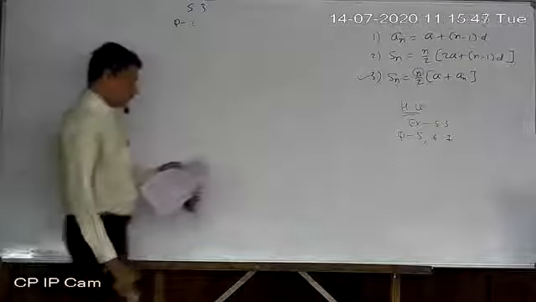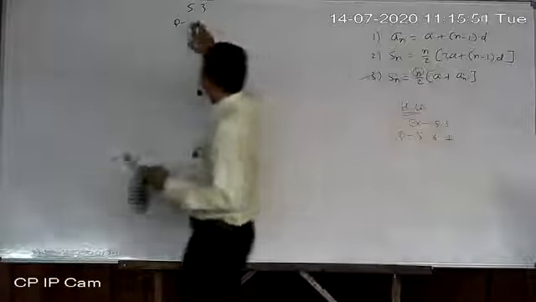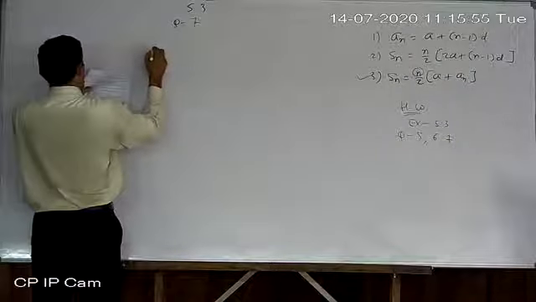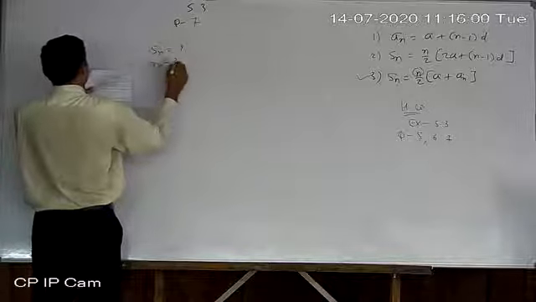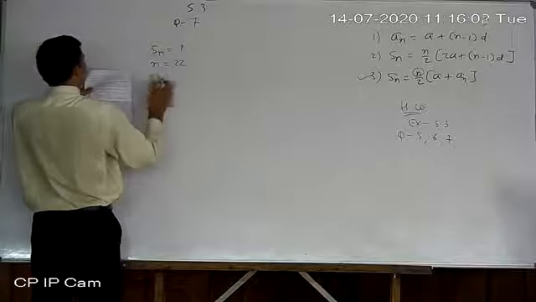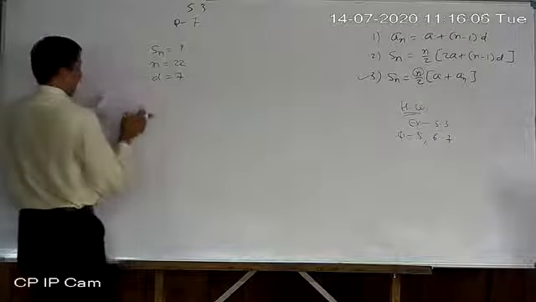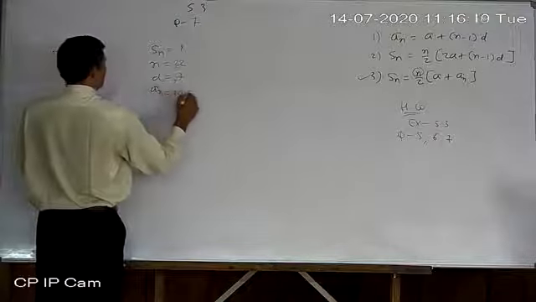Find the sum of first 22 terms in number 7. Find the sum of first 22 terms, means Sn is asked, and n equal to 22, d equal to 7. Okay, and the 22nd term is 149.